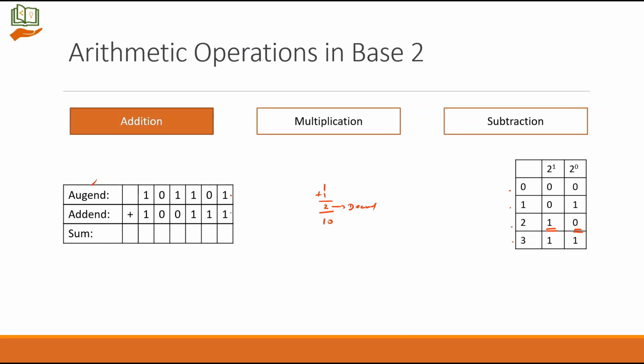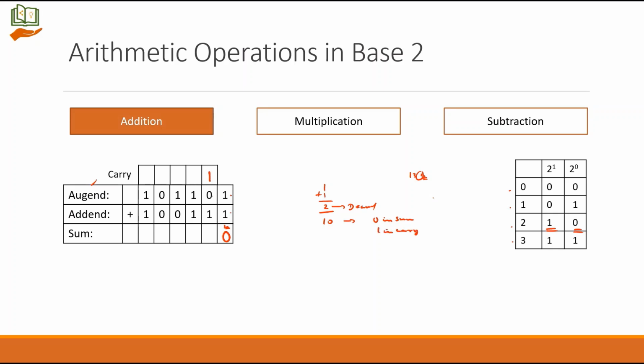When we have a number like 13 or 14, we usually write the units position in the answer, and the tens position we use as carry. Instead of 2, I place 0 here and 1 is kept as carry. So in 1, 0, the 0 is in the sum and the 1 is in the carry.